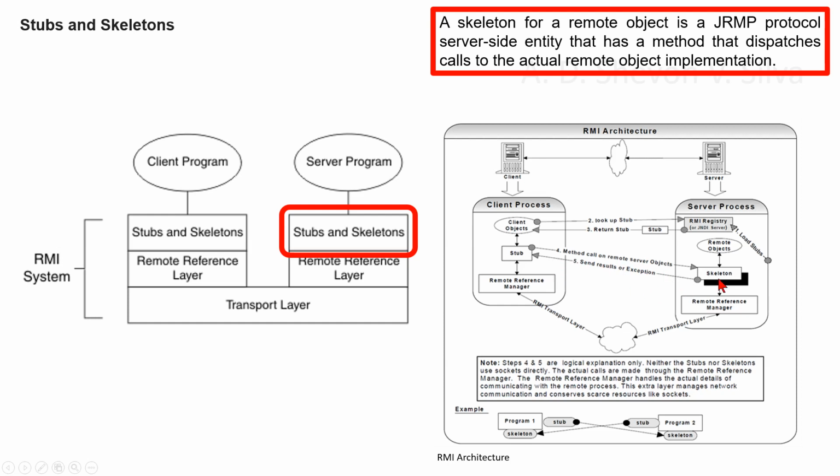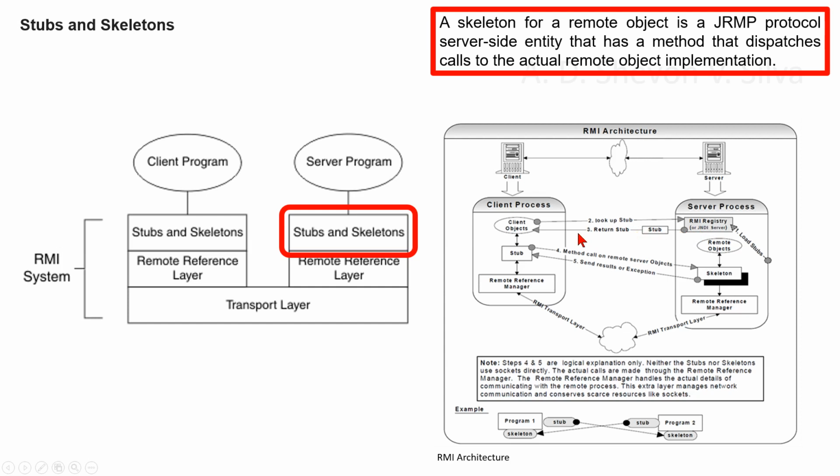Here you can see the RMI client object looks up the stub in the RMI registry, and the RMI registry returns a stub to the client object.